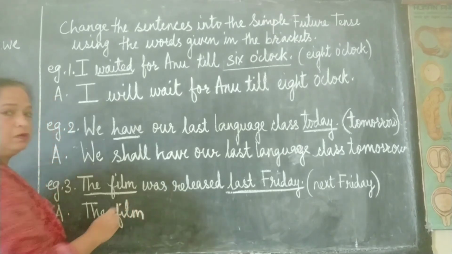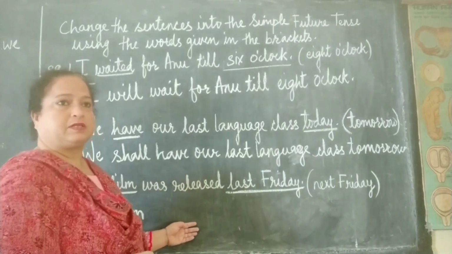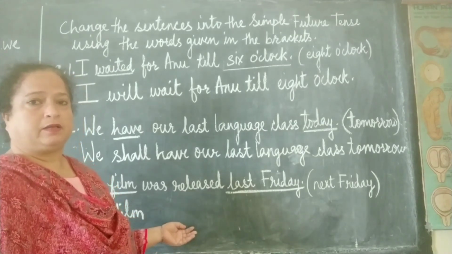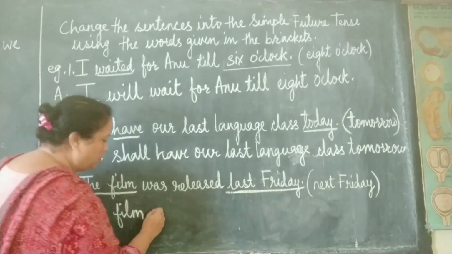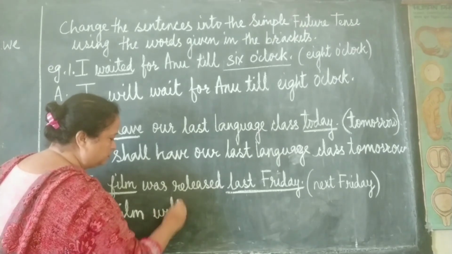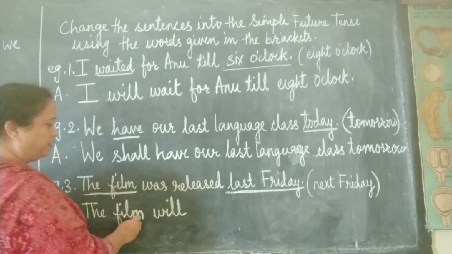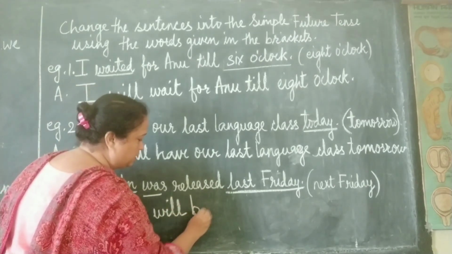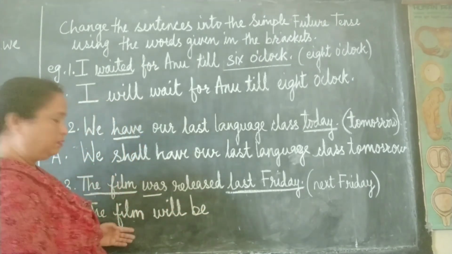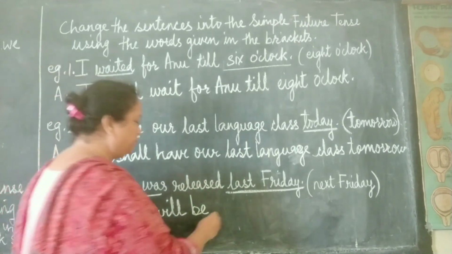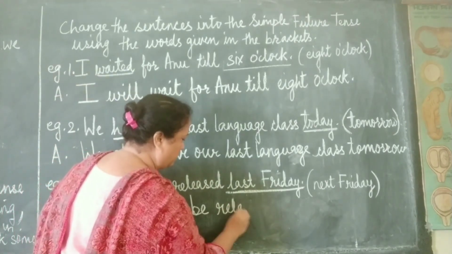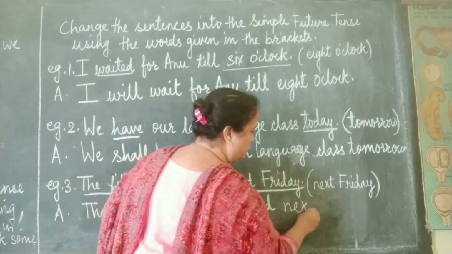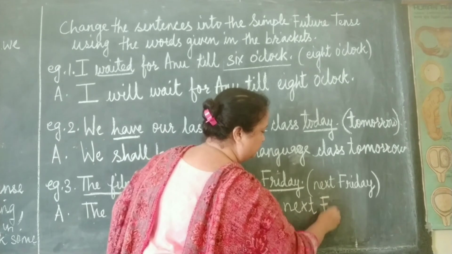Now we know, according to the rule, that if your sentence starts with he, she, it, they, or any other kind of a subject, we use will. Okay? The film, instead of was, I will change it to the present tense, that is be. The film will be released next Friday.